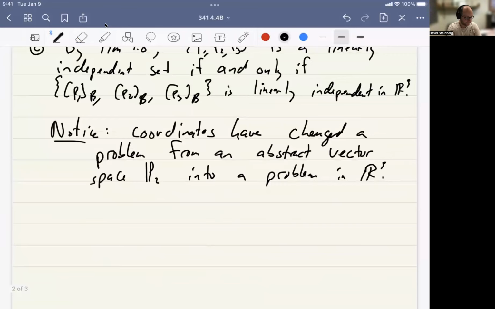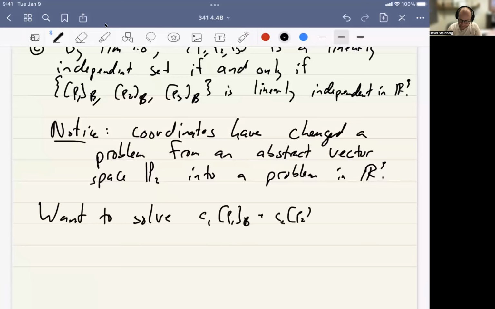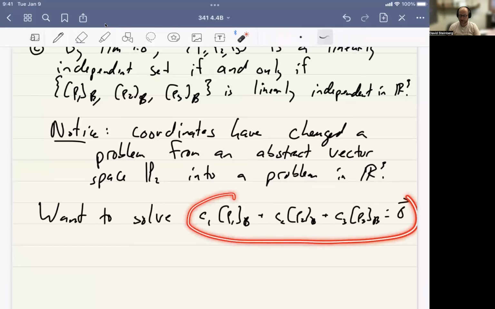So as always, we want to solve C1 [P1]B plus C2 [P2]B plus C3 [P3]B equal to 0. We know by the inverse matrix theorem we don't even need that. By definition, linear independence comes from whether or not we can find a non-trivial solution to this equation.